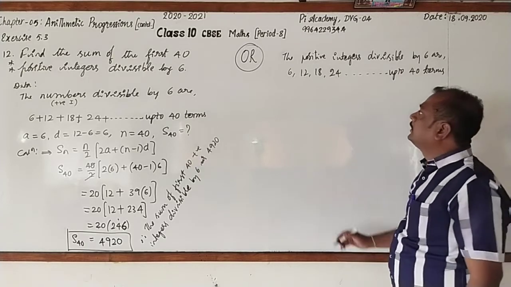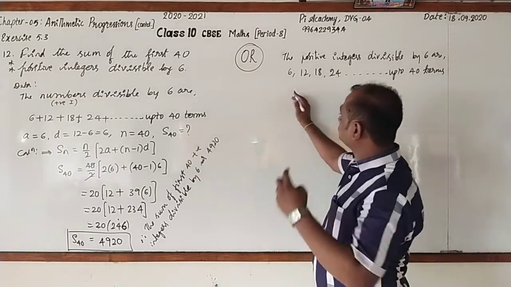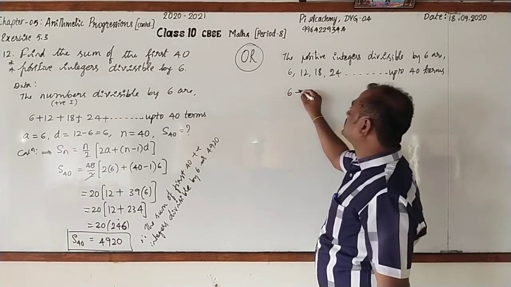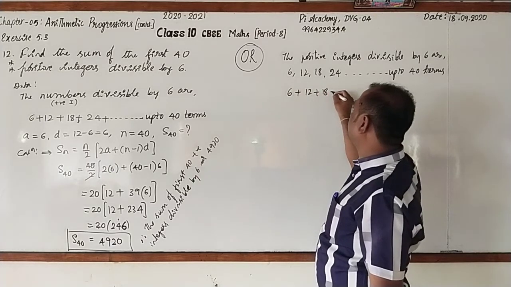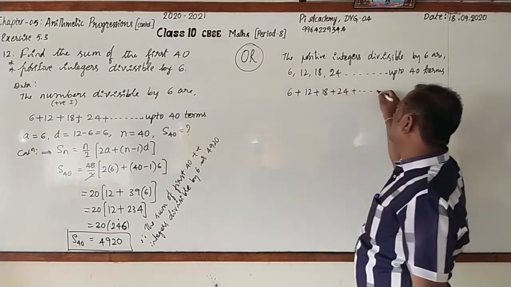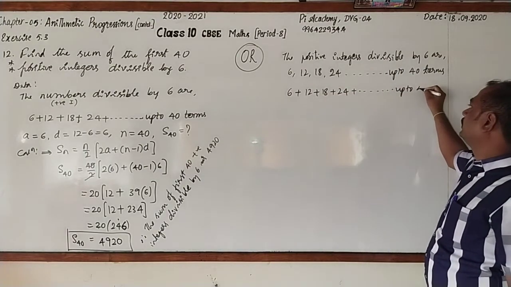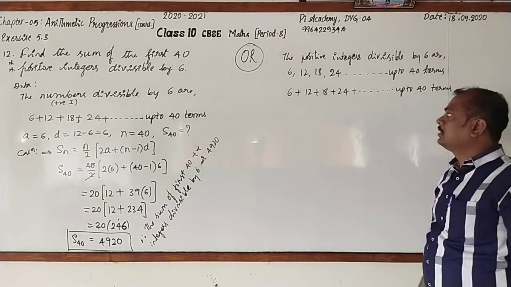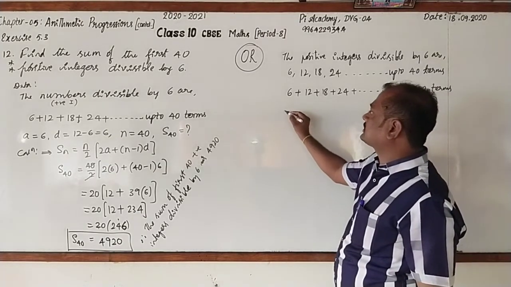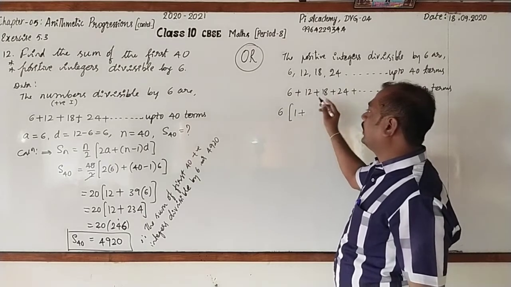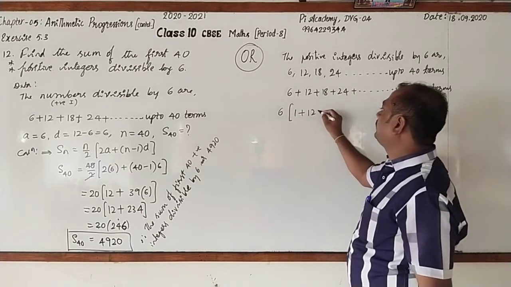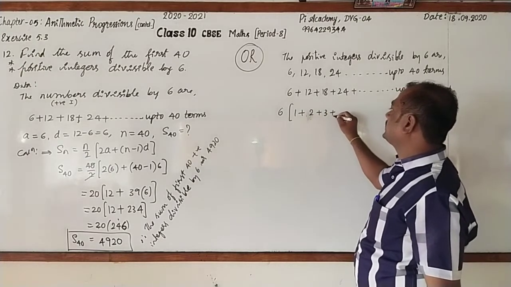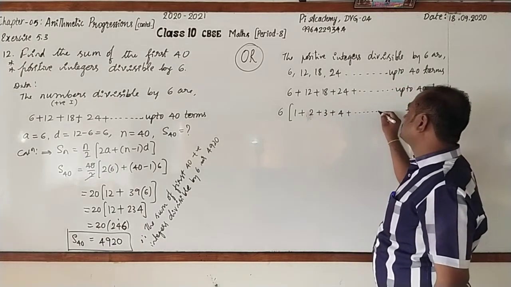Clear? Next, here you are going to find out the sum. 6 plus 12 plus 18 plus 24 plus and so on up to 40 terms. Then you can take out 6 as common factor. 6 into 1 plus 2 plus 3 plus 4 plus and so on.